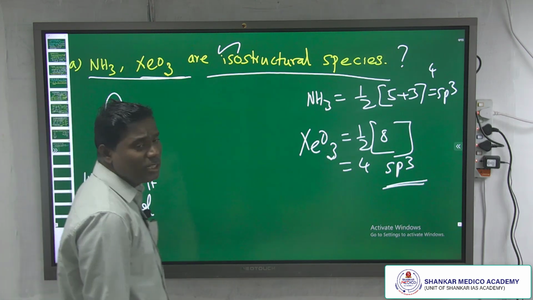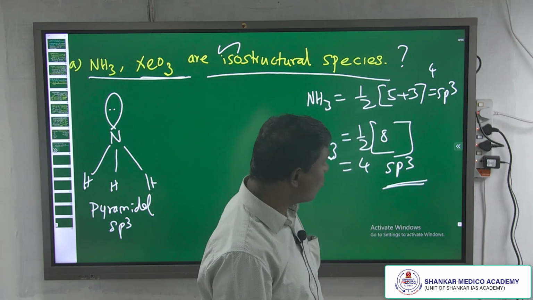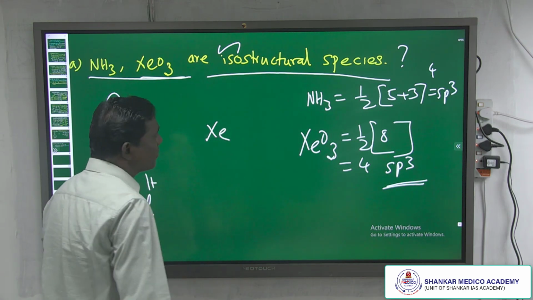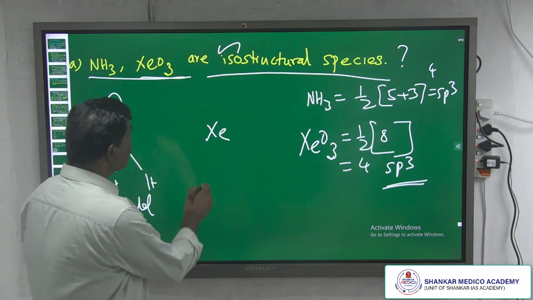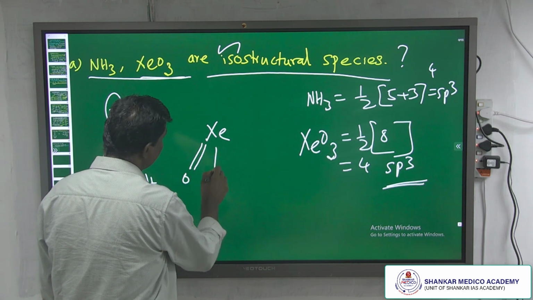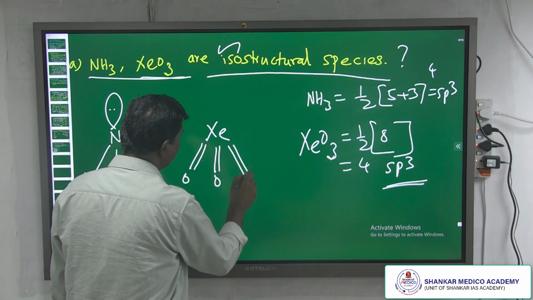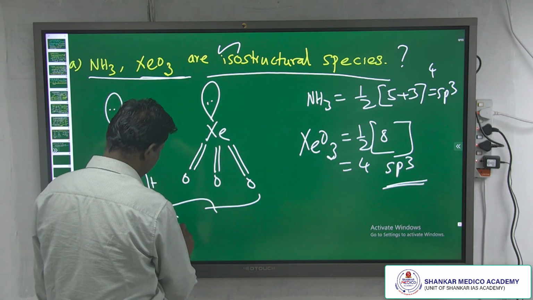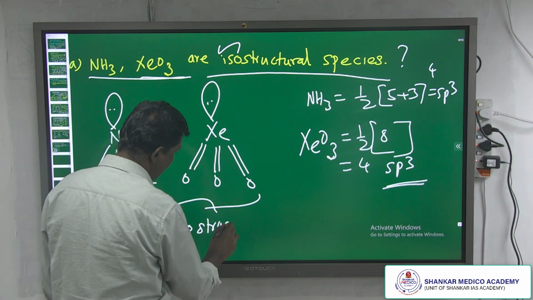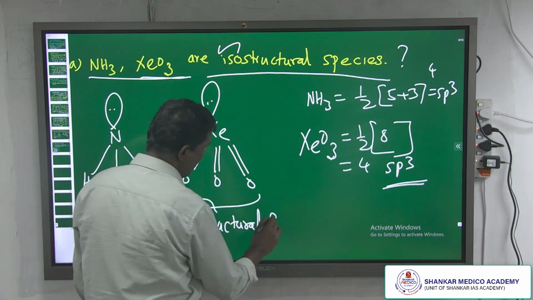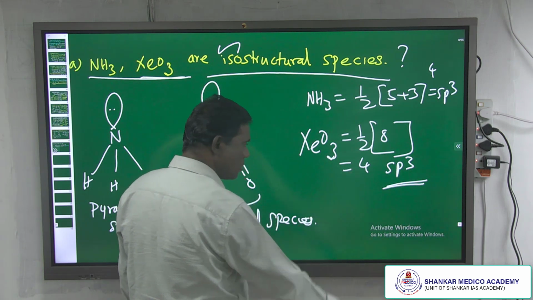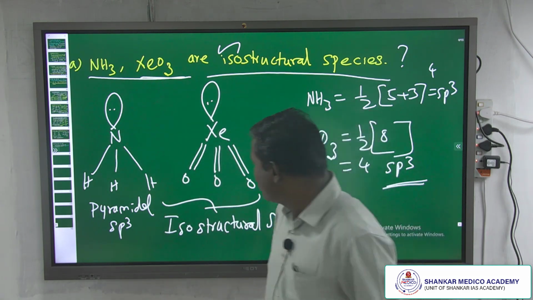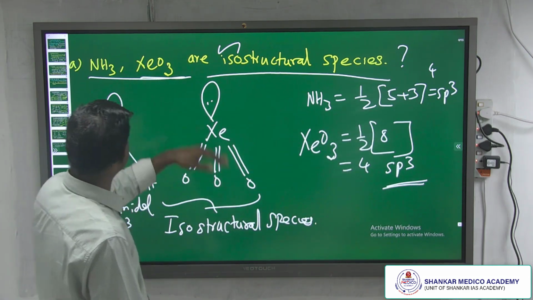Because of the lone pair electron, it is called sp3. Otherwise, if it doesn't have lone pair electron, it should be tetrahedral. And xenon having 8 electrons outermost shell, and it has 3 double bond O. Both are same category, all are isostructural. So here all of them isostructural species, not a problem, okay, fine.